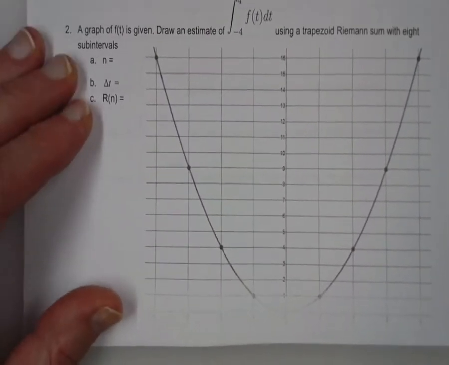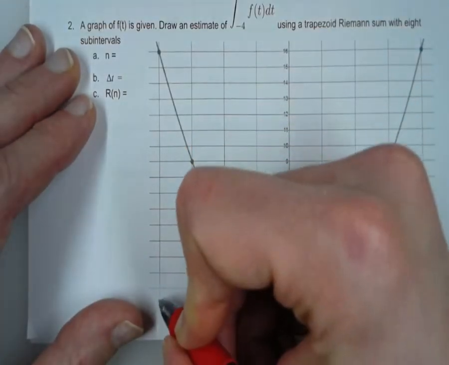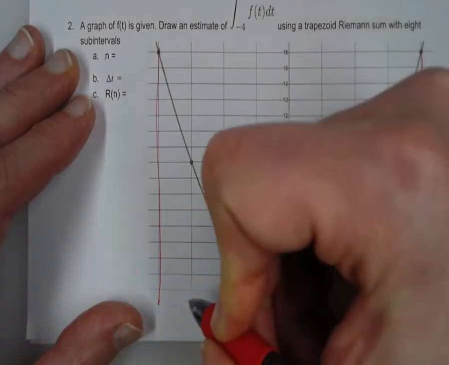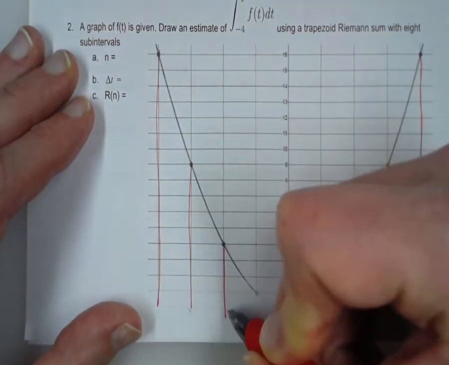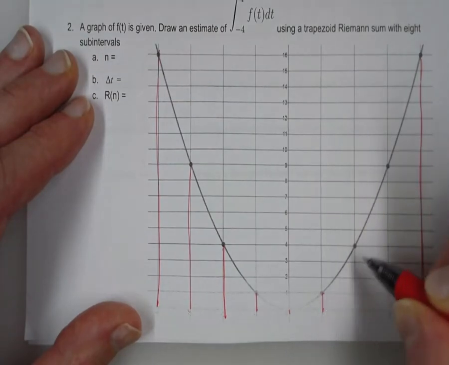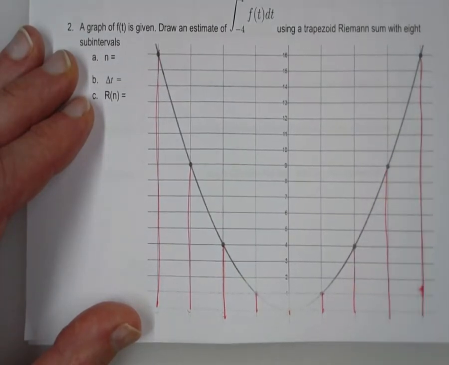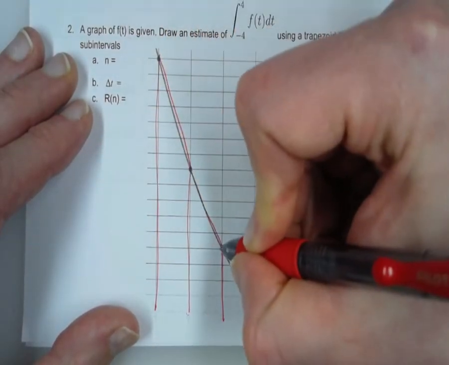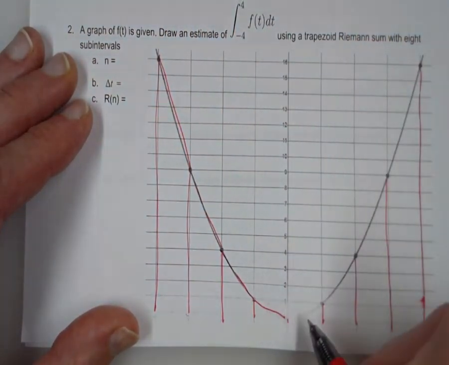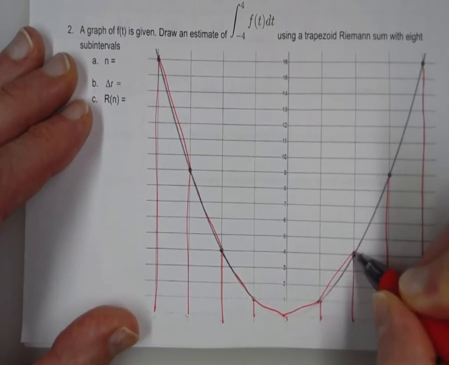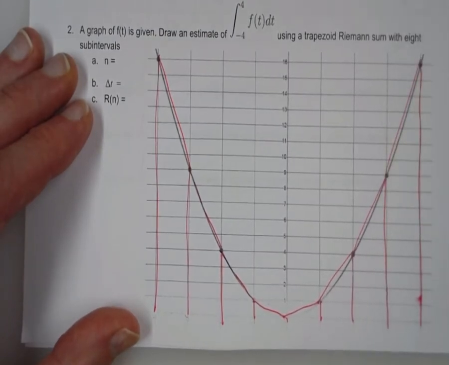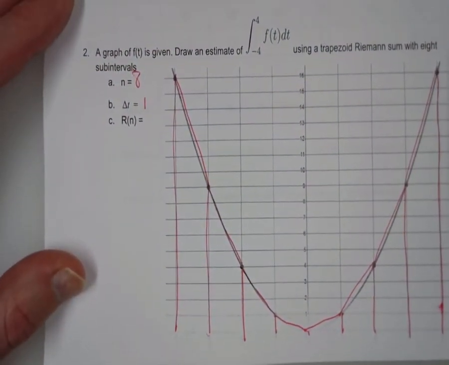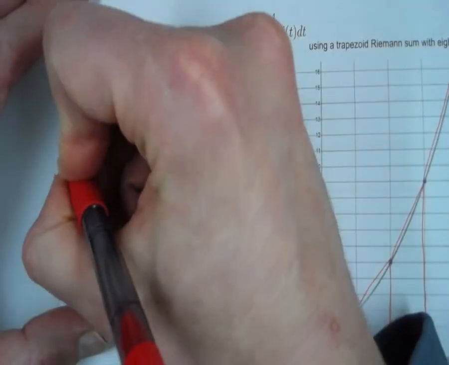For the second one, here we're doing 8 subintervals. So we're going from -4 to +4, and we're breaking all these up. All right. And so they all get connected with lines. Now, we have 8, and they all have a width of 1, so I don't really need to multiply 1 times all these heights.